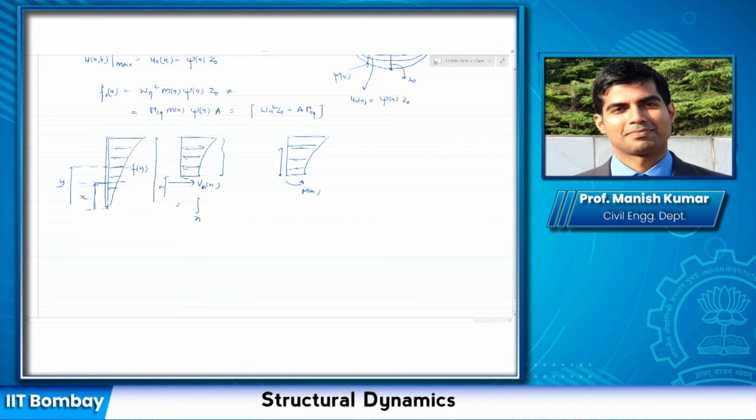So again, let us integrate it from x to L. The lever arm of this force would be this much, which is nothing but y minus x actually, because this would be y minus x times f naught y dy integrated from x to L. So this is at any distance x, what is the shear force and moment?